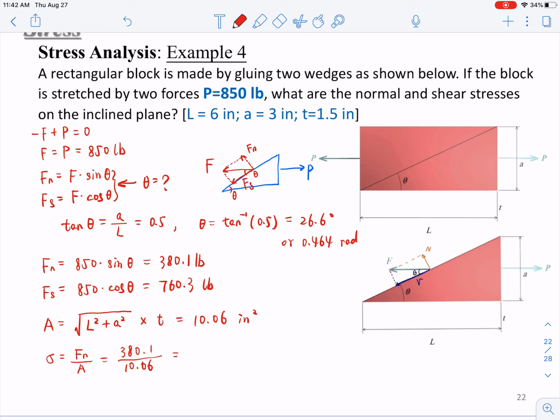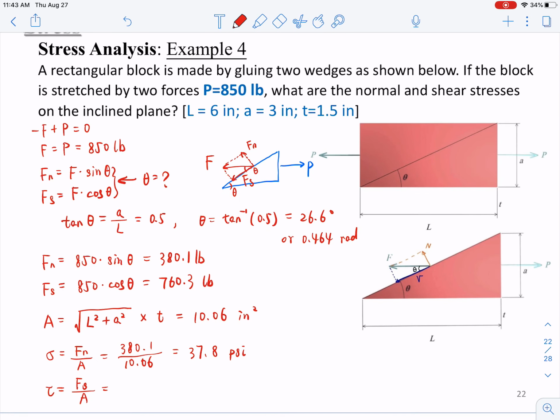That is 37.8 psi. Tau would be the shear force over A, 760.3 over 10.06. That would be 75.6 psi.